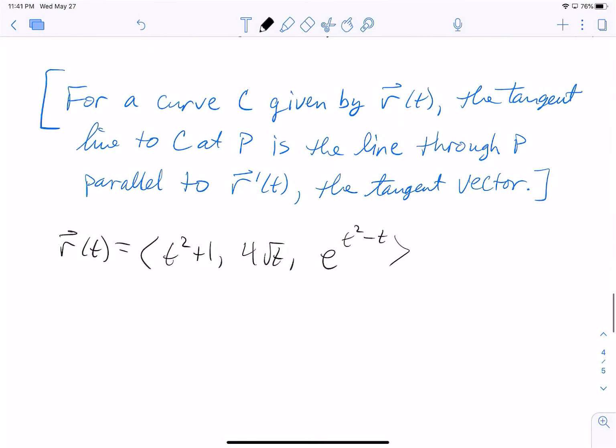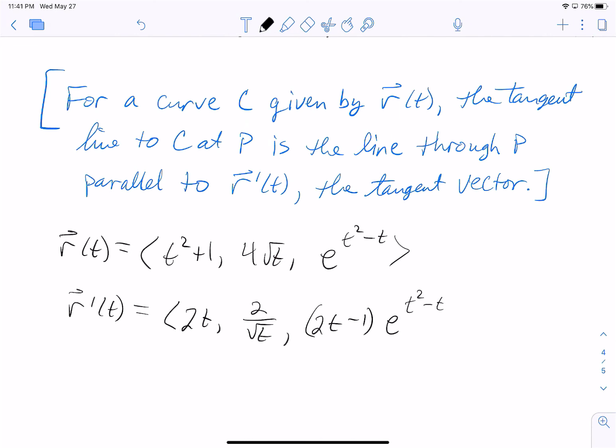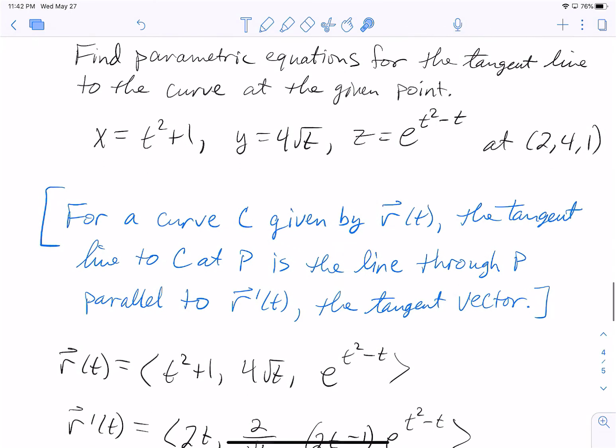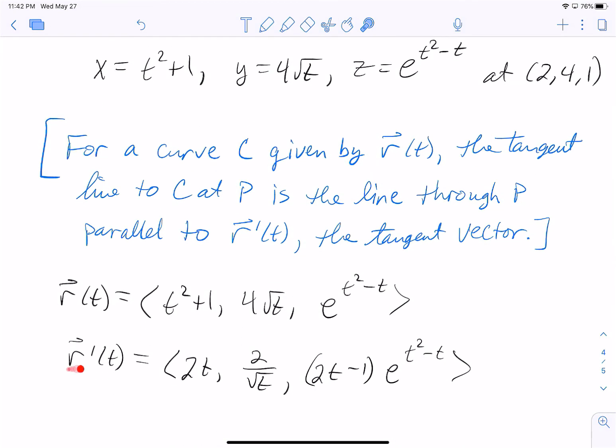If that is our vector, then our derivative, r prime of t, is 2t, 2 over the square root of t, using the power rule there for the square root, and 2t minus 1, that quantity, times e to the t squared minus t, using the chain rule and the derivative rule for exponential functions.